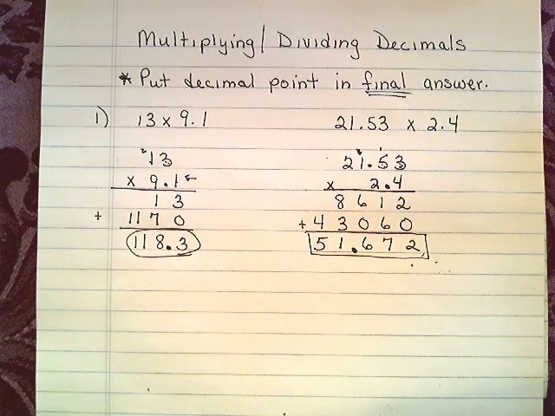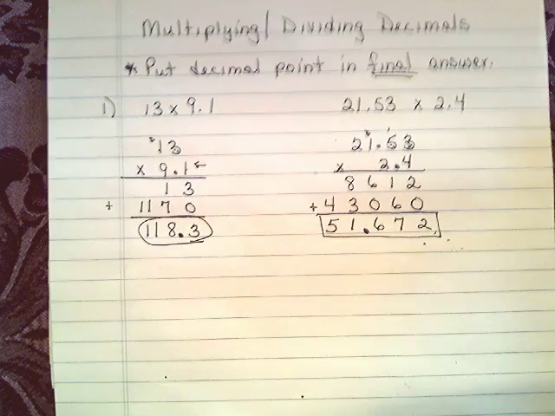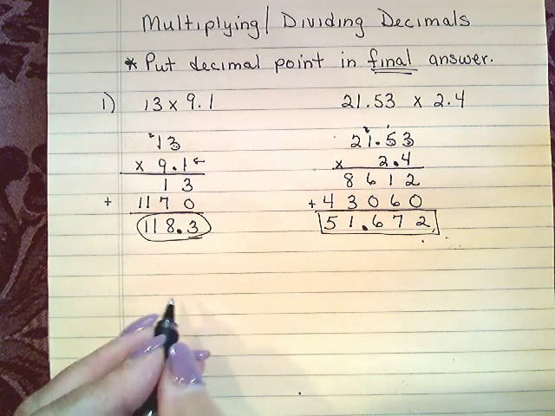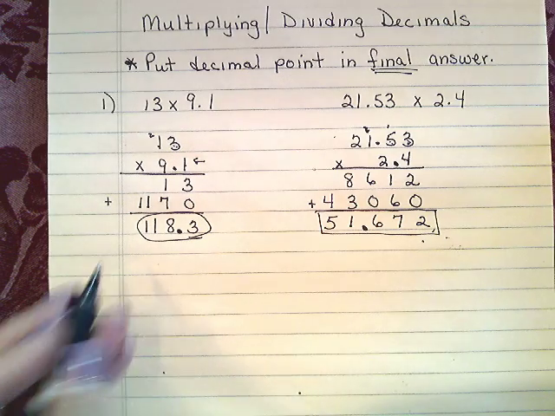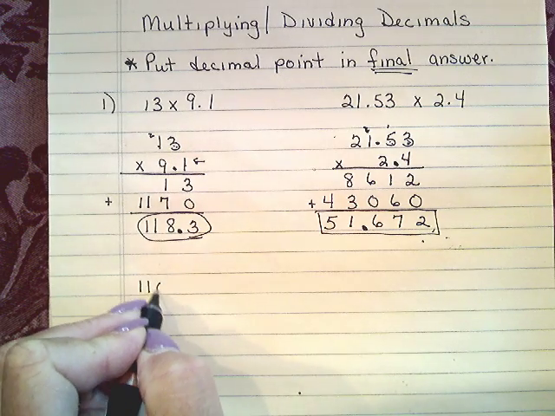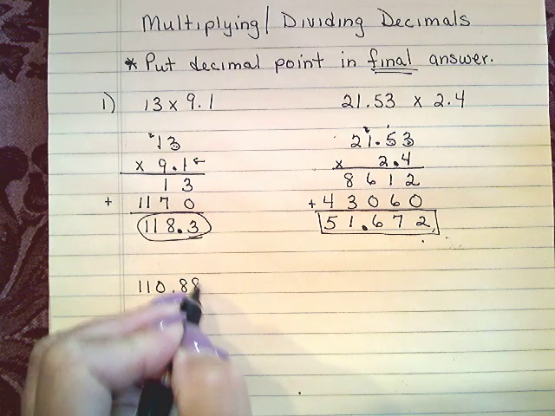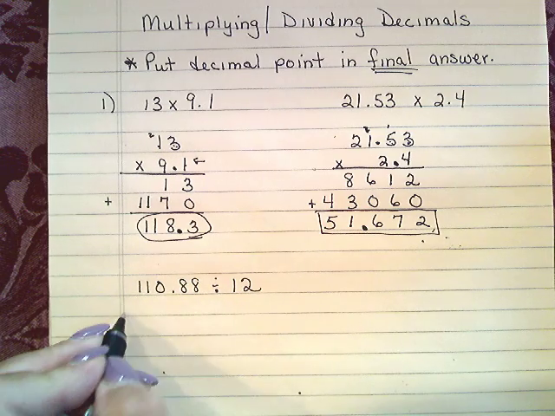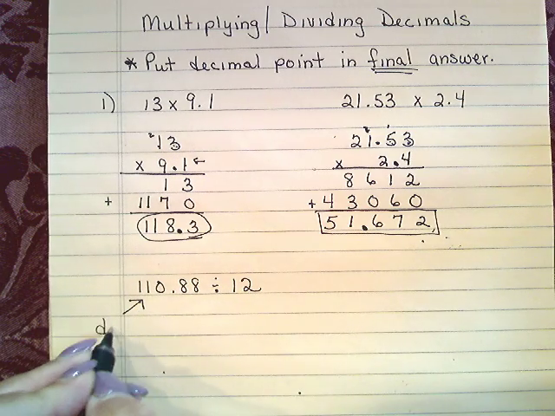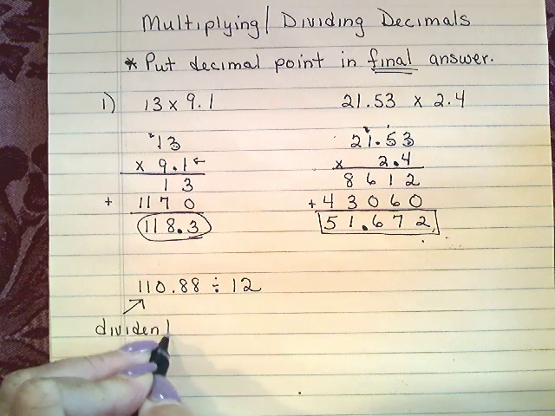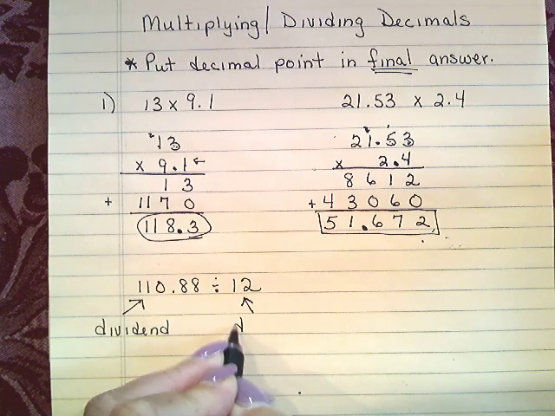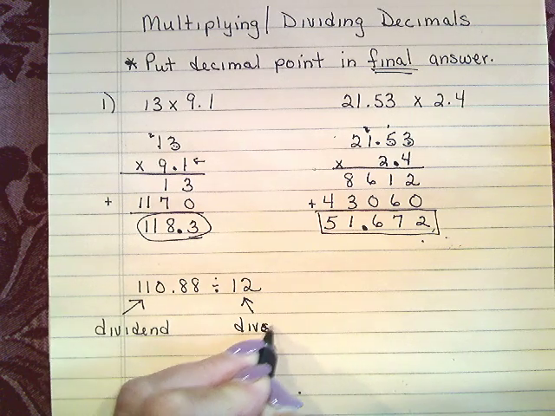All right, division. 3 examples for division. Okay, first example. We're going to do 110 and 88 hundredths divided by 12. This is what we call the dividend, and that always goes inside your division. This is what we call the divisor.